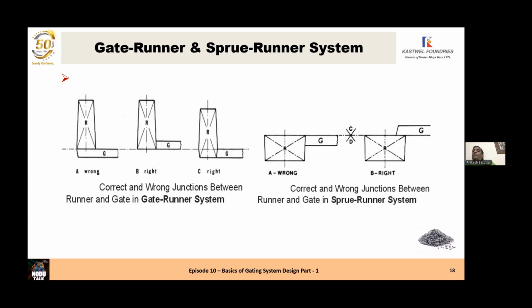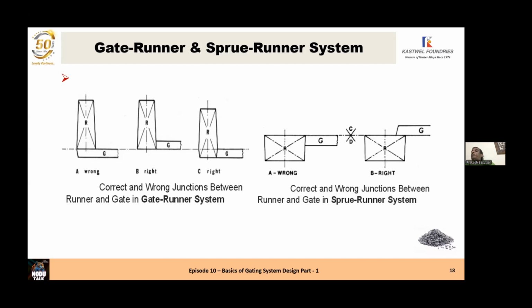So in the case of a pressurized system, the bottom surface of the gate and the bottom surface of the runner bar should be in the same plane. In the case of the non-pressurized system, the bottom surface of the gate and the top surface of the runner bar should be in the same plane. Have you noticed this?